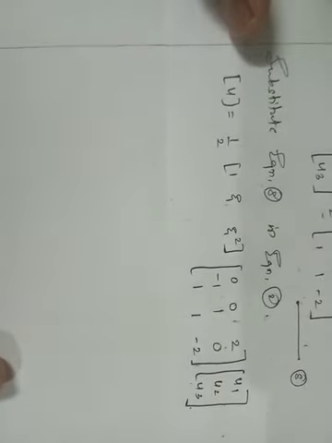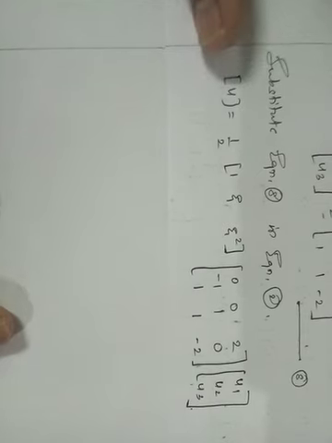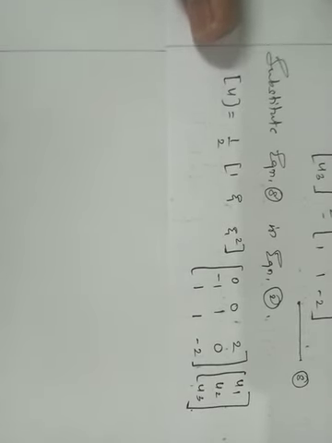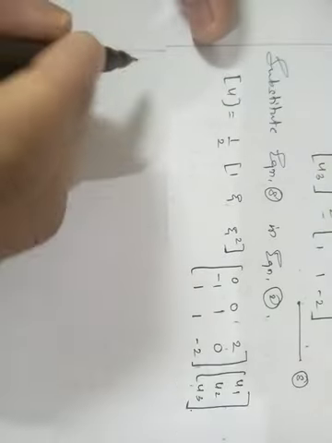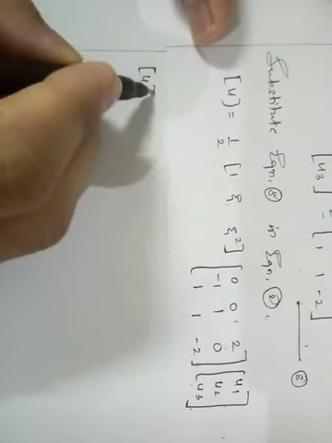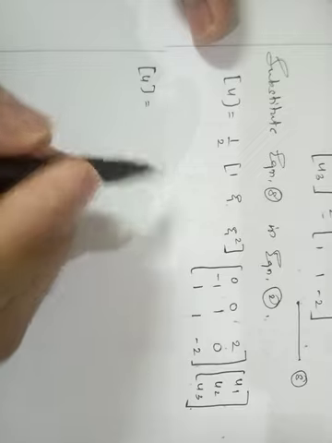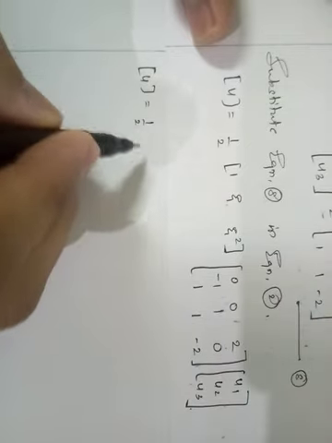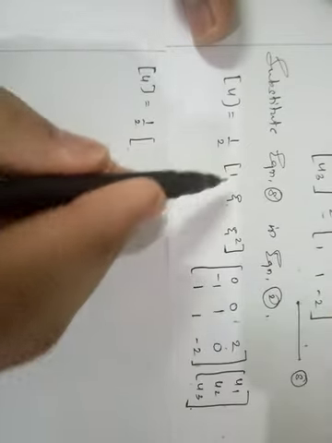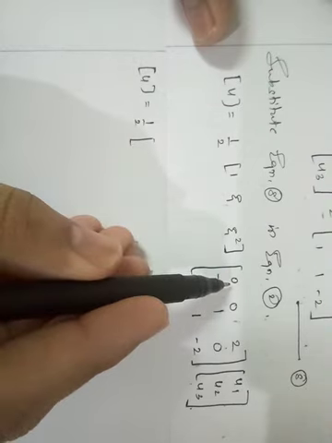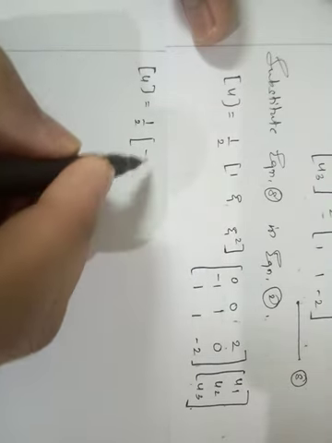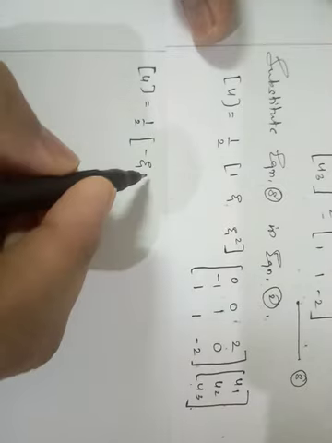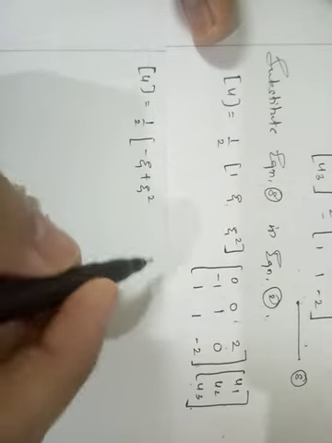Now proceeding further, what I'll be getting here is u is equal to 1 by 2 as it is, so it is 1 into 0 is 0, zeta into minus 1 is minus zeta plus zeta square.